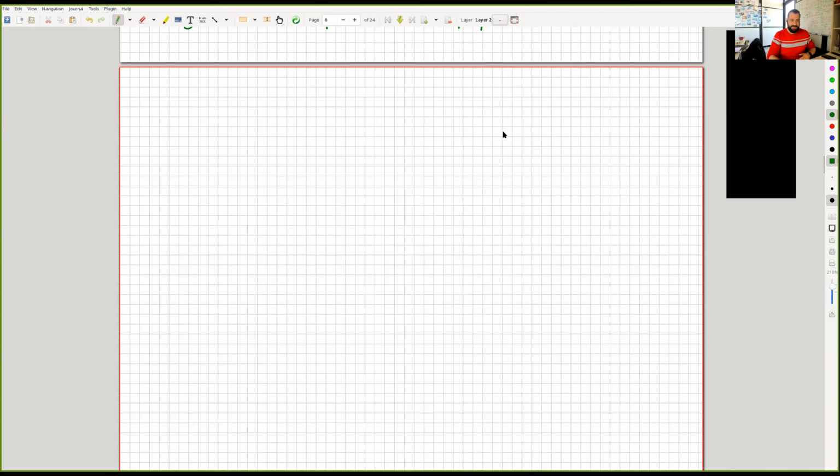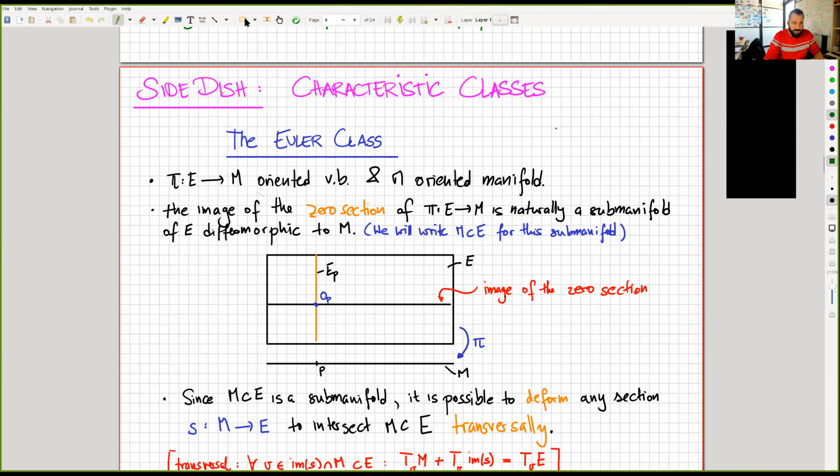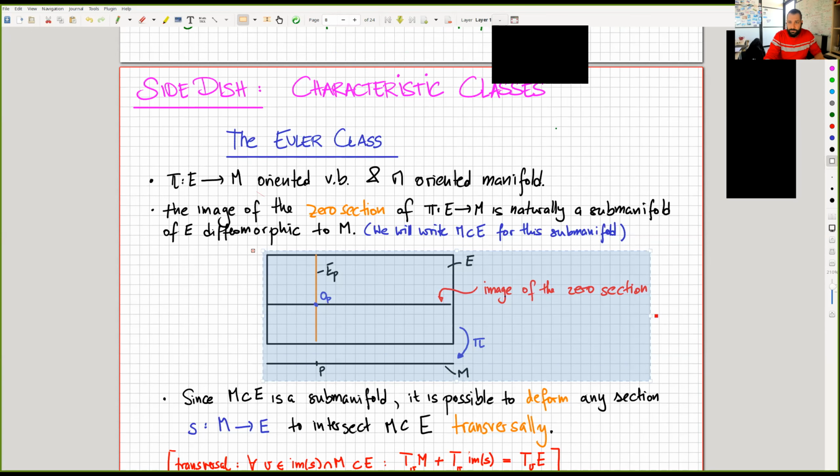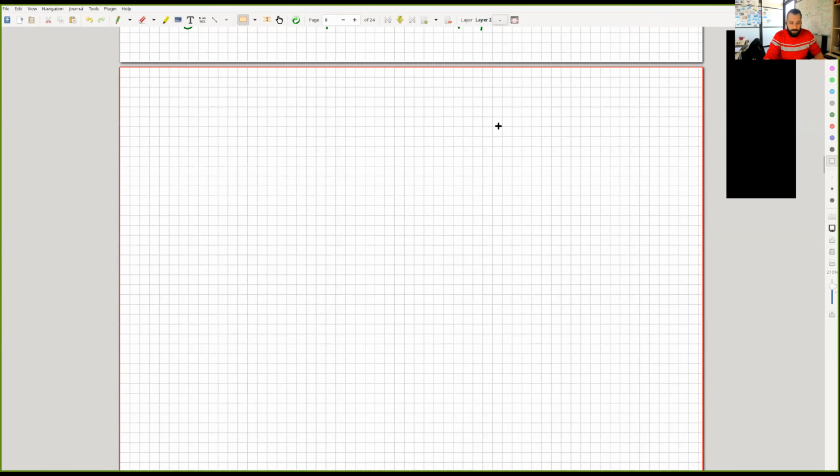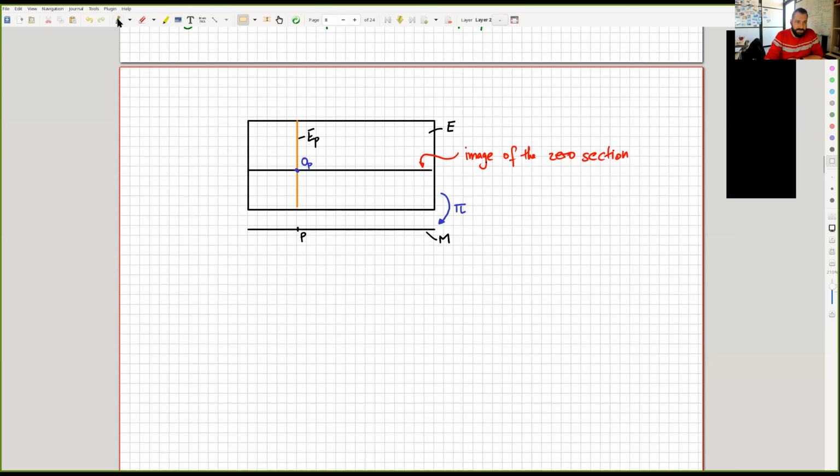So let me show you what is not a transversal intersection. Let's take just this image here and copy it to the other layer. What is not a transversal intersection? For example, this one here, or even that one here.